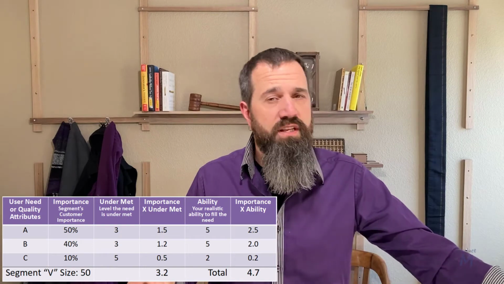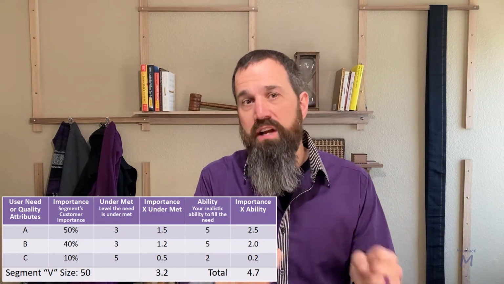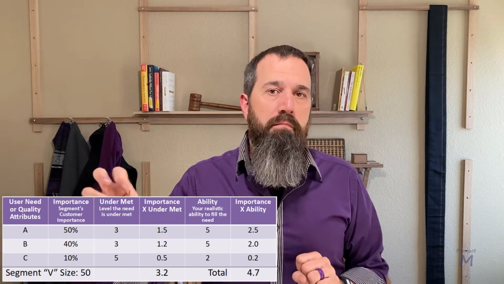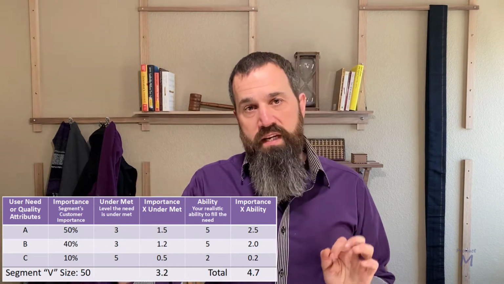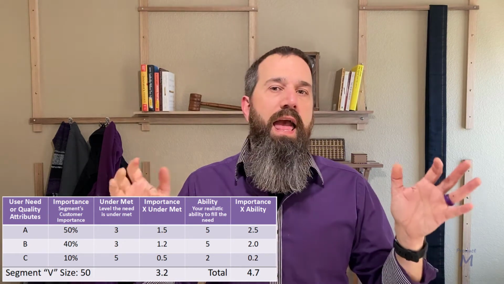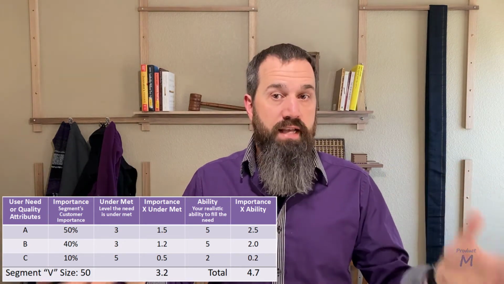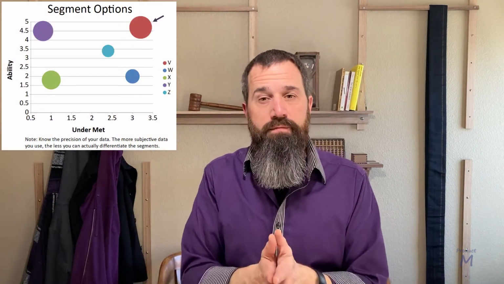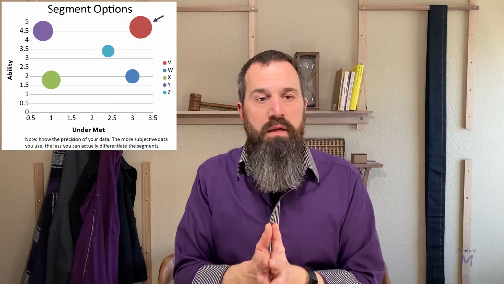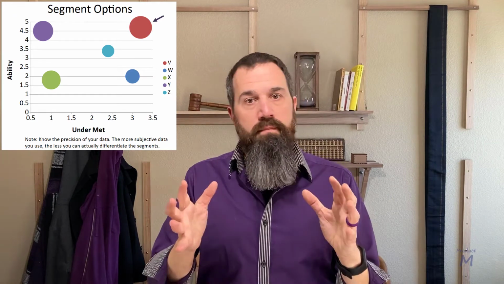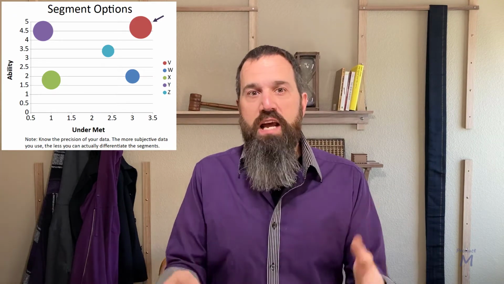There are a lot of different factors in this, but strictly from a product market fit standpoint, you want to find a marketplace with underserved needs that you can meet, and that is a large enough segment. A bubble plot is a great way to take a look at it and help you figure out what your best targets are. Lastly, you should understand the quality of your data.